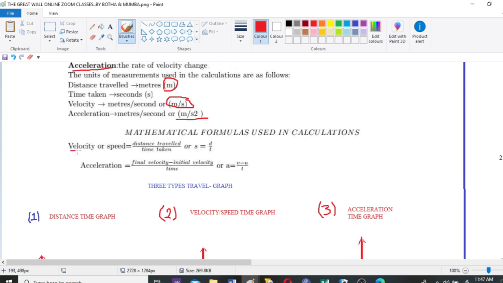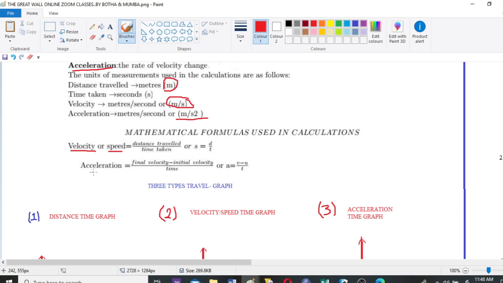So we can calculate velocity, which we refer to as speed. That is the average velocity or speed. We can calculate it using this formula: distance traveled over the time taken, which can be written as s is equal to d over t, where s denotes speed or velocity, d denotes distance, and t the time.